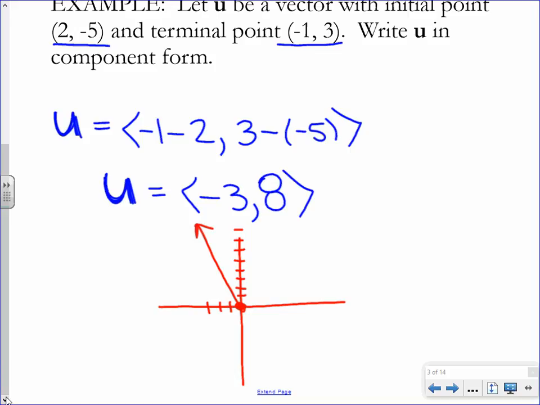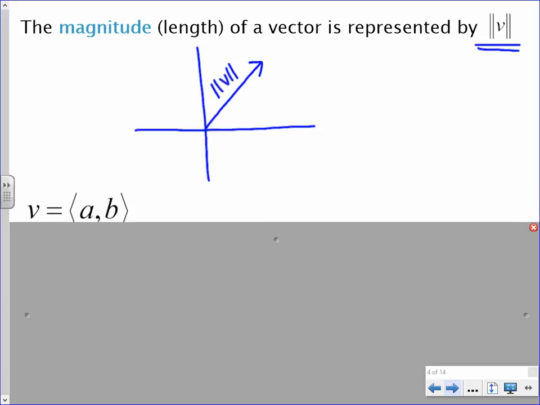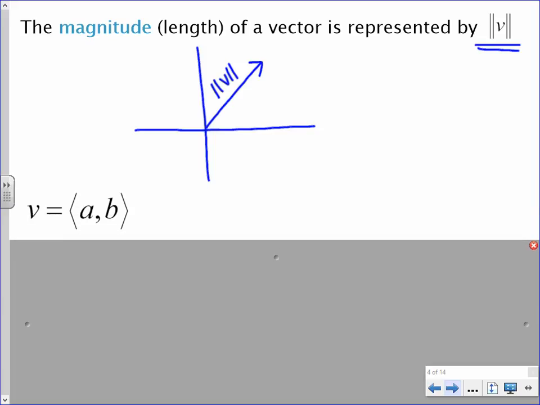Do you agree? So we have these horizontal components and vertical components. So let's say our vector is the vector AB. Okay. That would mean our horizontal component is A and our vertical component is B.